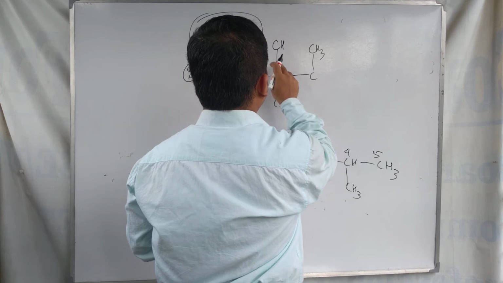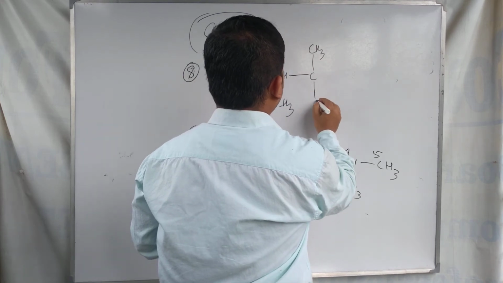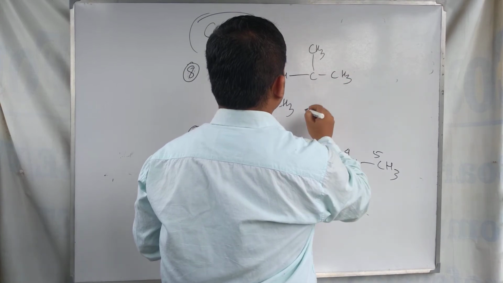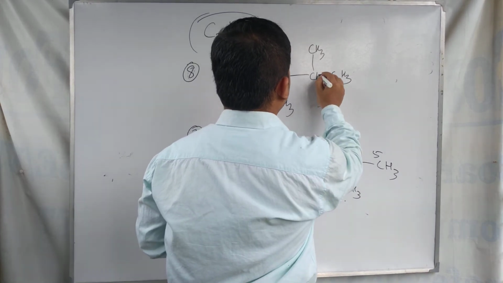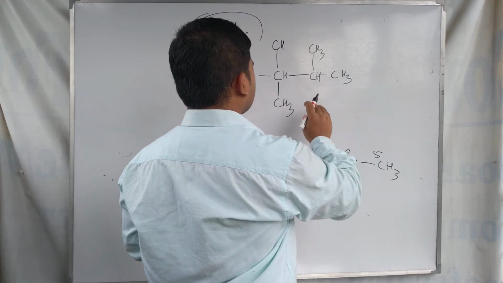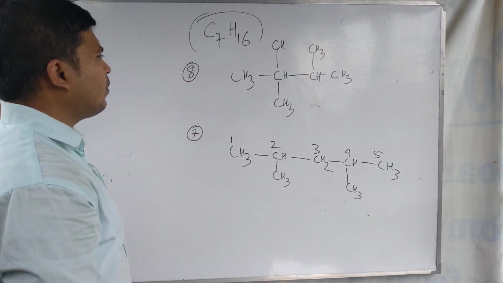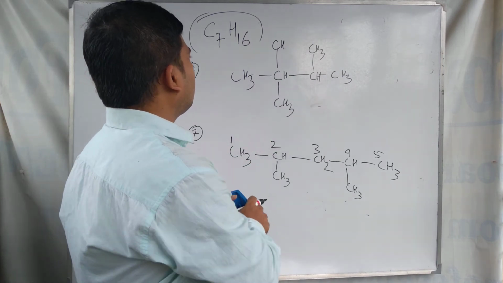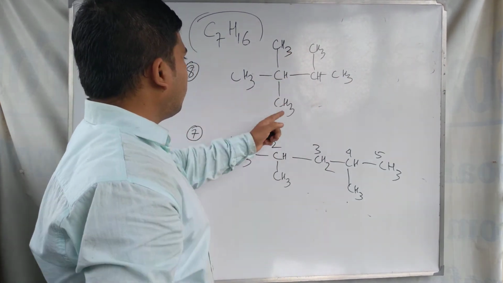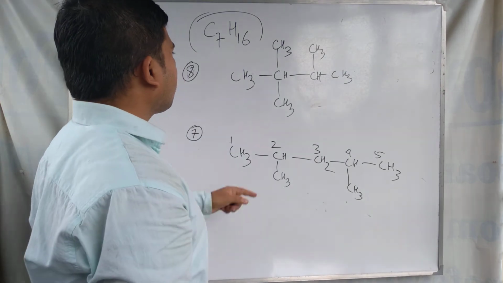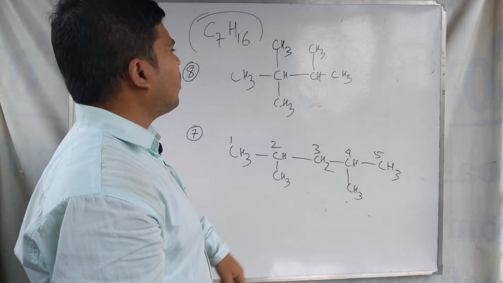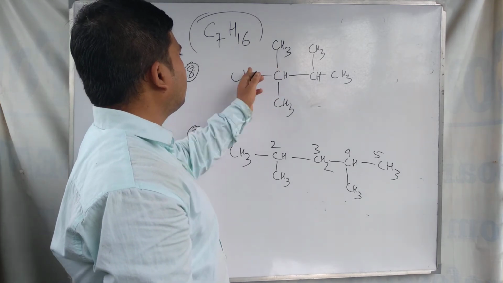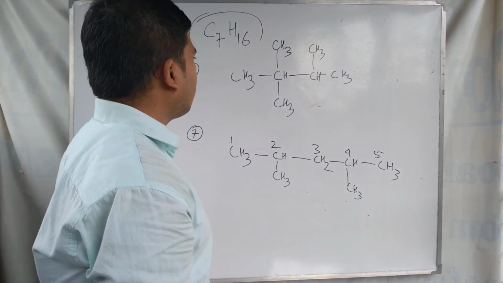1, 2, 3, 4, 5, 6. Yes, this one means you can make another isomer using these structures where methyl group double, and after that one methyl group in the next position, and you can find that 1 2 3 4 5 6 7 carbons.